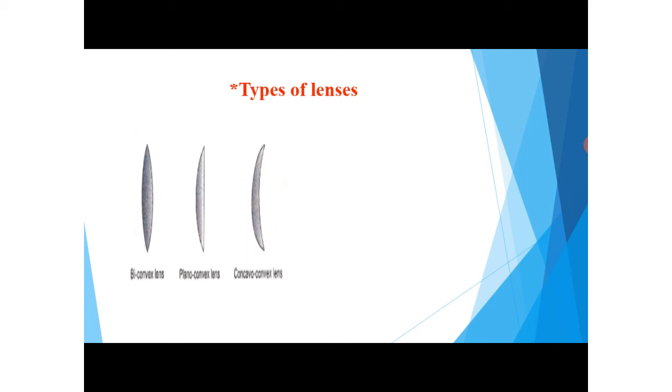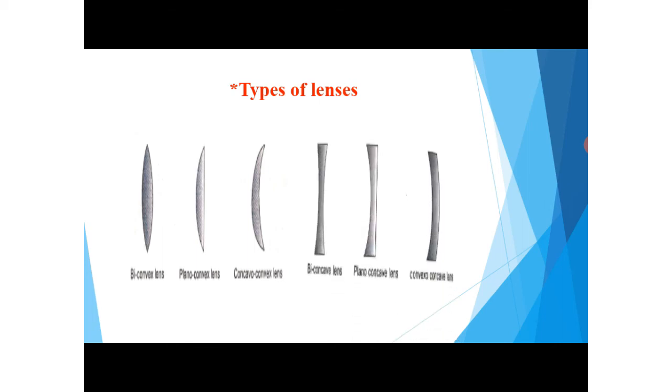Okay, after this plano-convex lens, our next type of lens is concavo-convex lens. Now the left side is convex, it is bulged out, but the right side is bulged in. There is a depth on this side. So this is concavo-convex lens. Similarly, as there are types of convex lens, there also exist types of concave lenses.